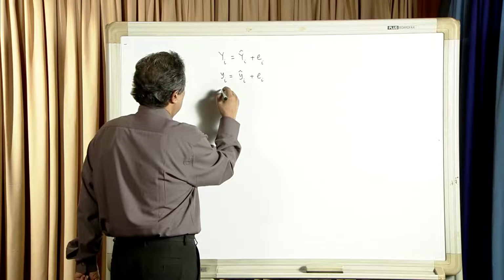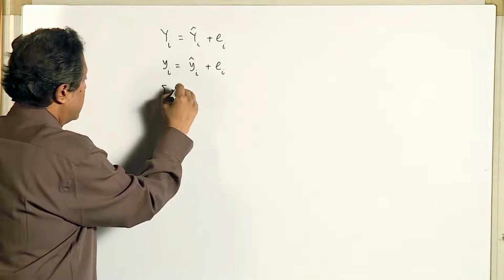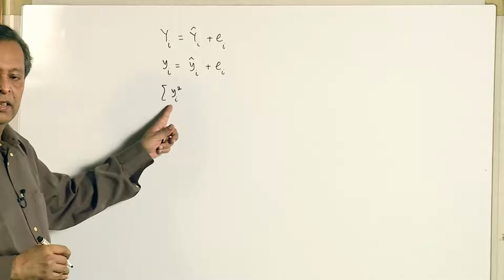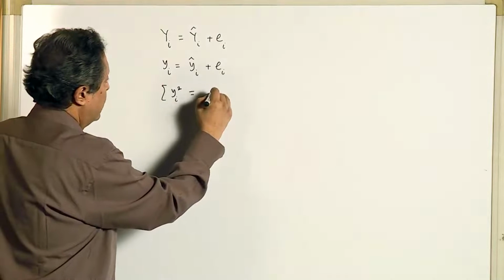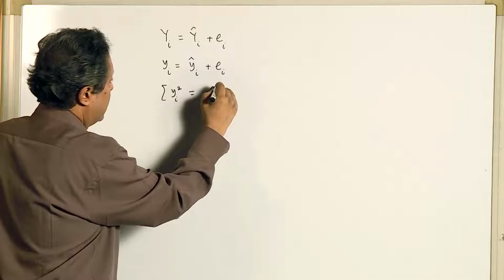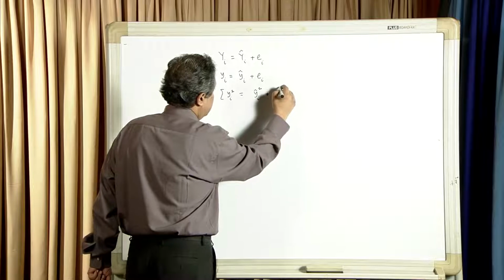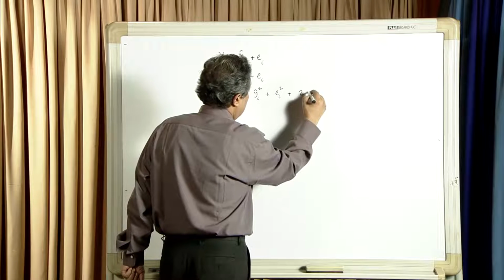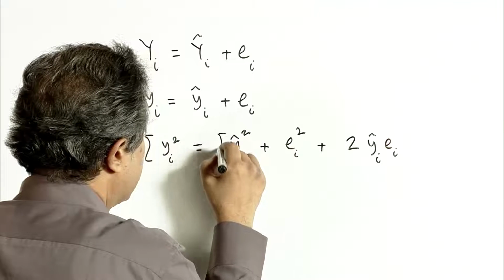So, now let us look at the sum of the squares of small yi. If we square the right hand side, we will obtain the sum of y hat i square plus ei square plus twice y hat i ei.